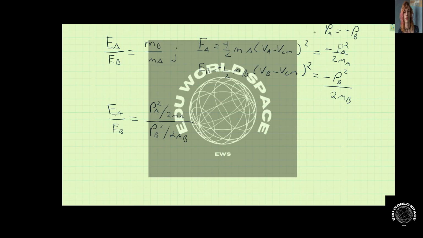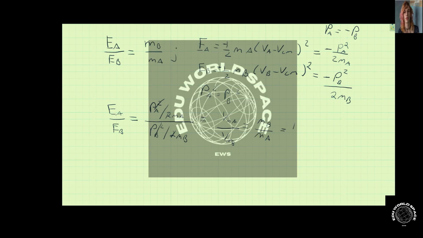But remember, these two are equal and opposite to each other, but they're also squared. So PA squared equals PB squared. So these two are equal, they cancel. The 2's are equal as well, and we have a 1 over MA in the numerator divided by a 1 over MB in the denominator. Let me rewrite that, which means we have MB over MA.